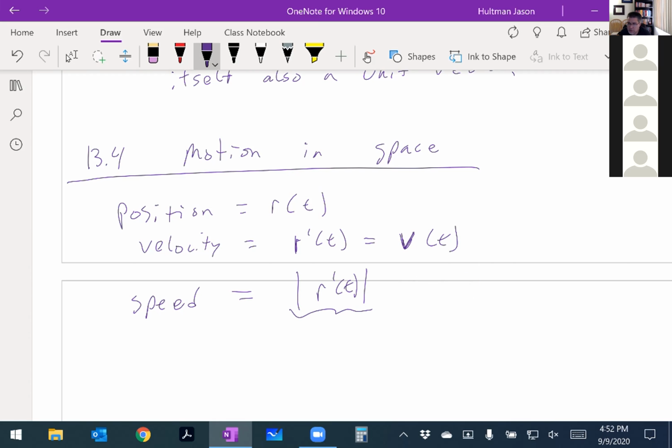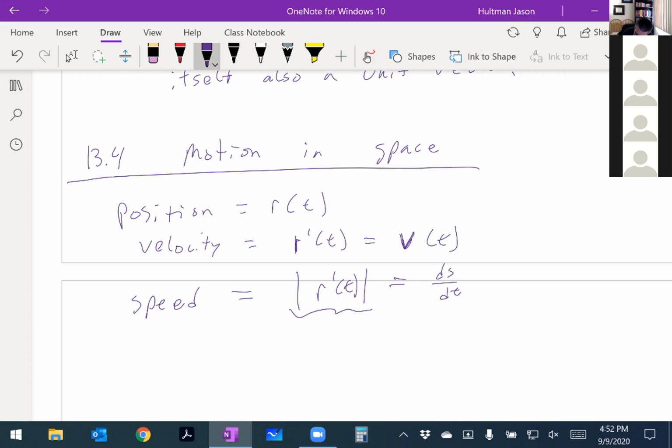Anybody remember what that was? We've seen that before. The magnitude of r prime of t. Where have I seen that before? Oh yeah, that's ds dt. That's the derivative of the arc length with respect to t. Look at that, making connections.